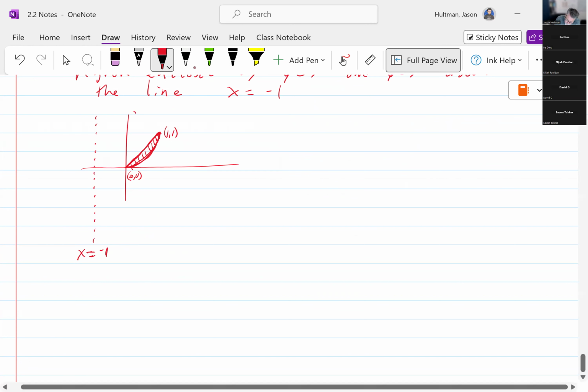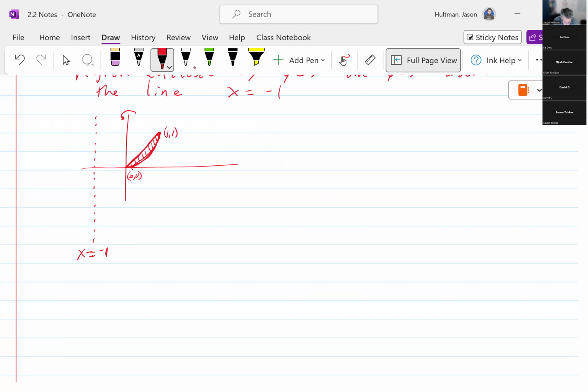So instead of rotating about the y-axis, we're rotating about this auxiliary line. Now we are rotating in the direction of the y-axis. So this is a y-oriented rotation. Because it's a y-oriented rotation, I need to solve everything for x. Okay.